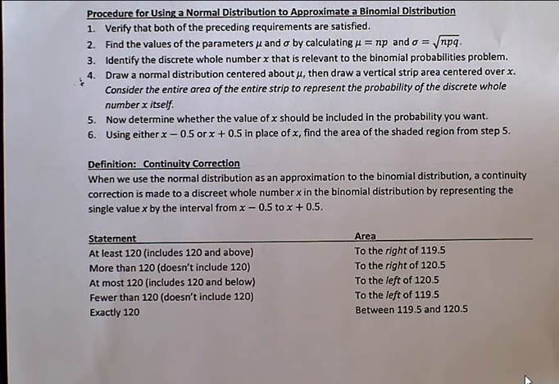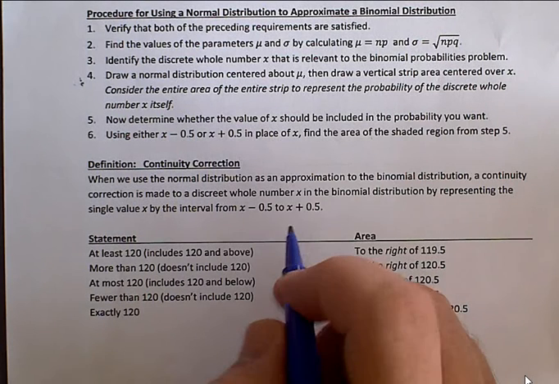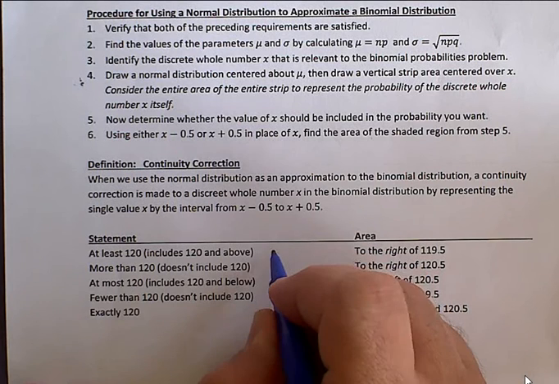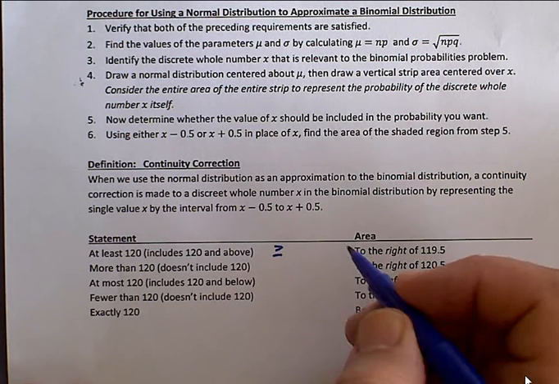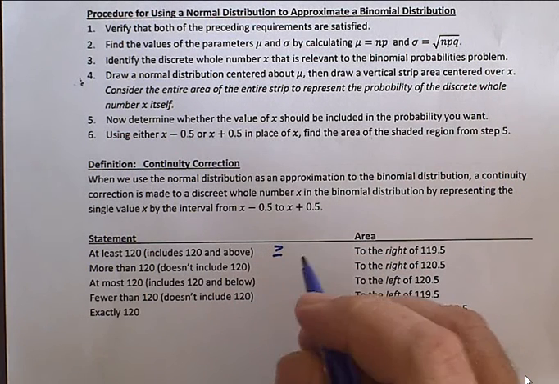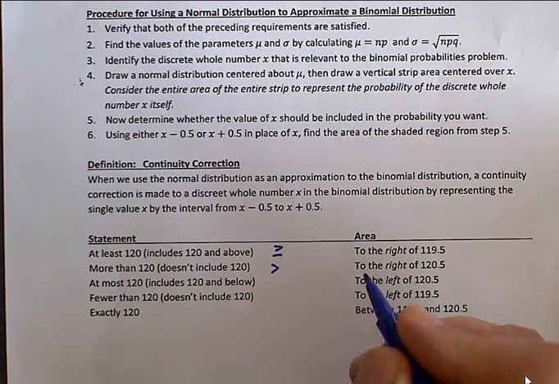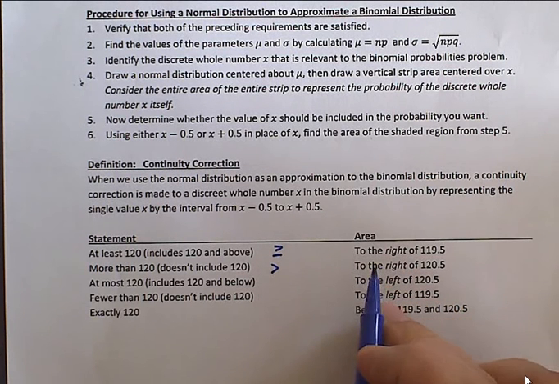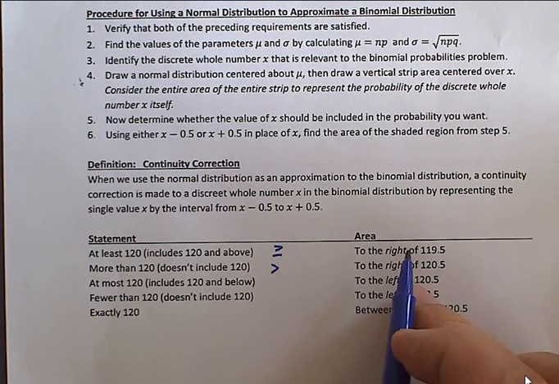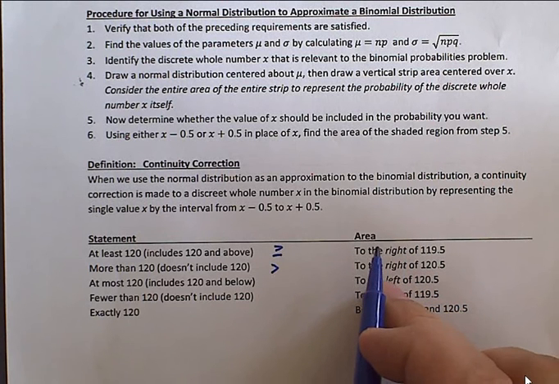Now if it just says more than 120, then that is strictly a greater than. It should say, let's put it like this, at least is greater than or equal to. More than 20 is just greater than. So if it has an equal sign, we're going to go 0.5 away from the direction of the arrow.